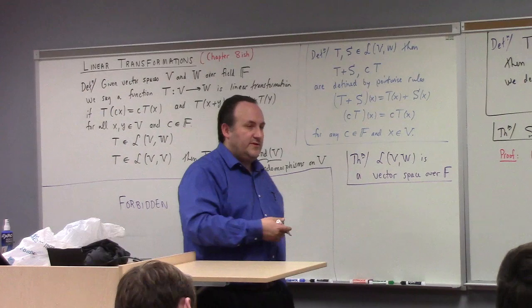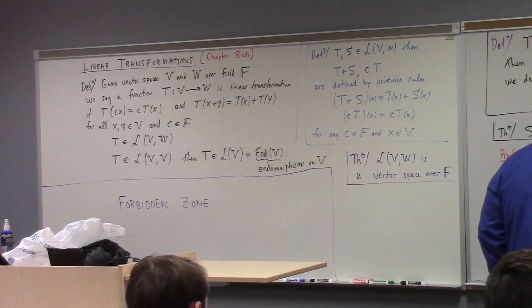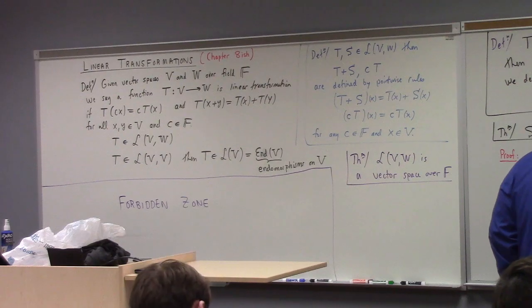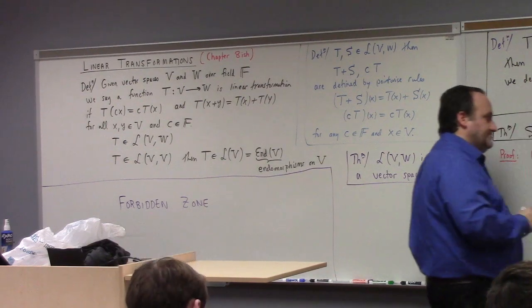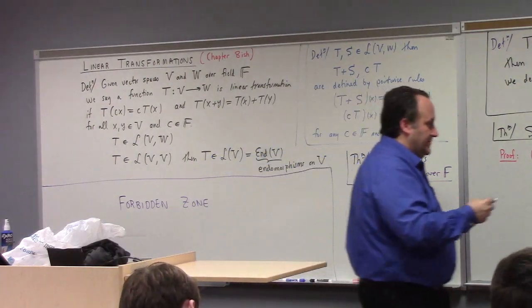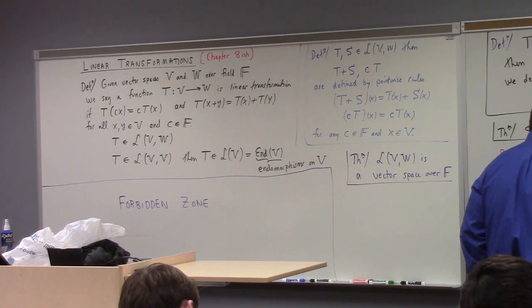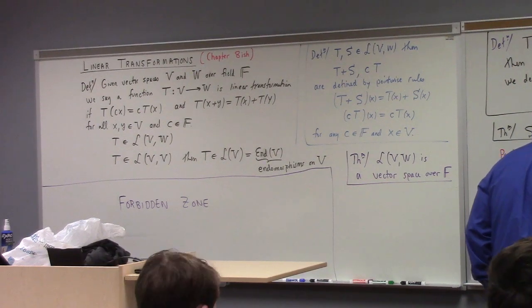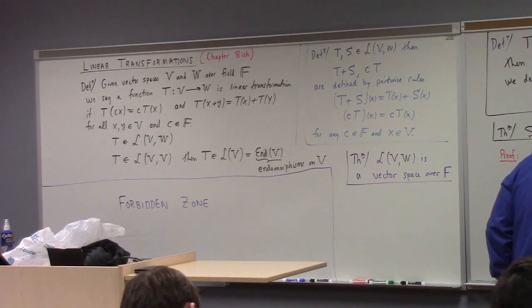Next step, we use the linearity of T. Linearity of T gives me C Tx plus T of y. And then what? Well, then by linearity of S, I've got C S of T of x plus S of T of y.